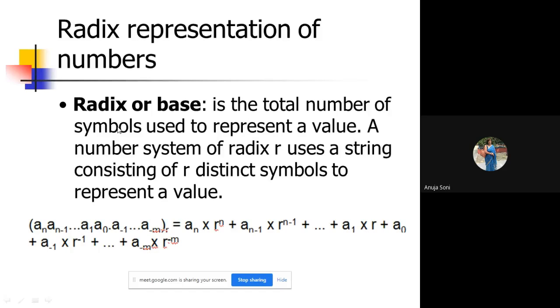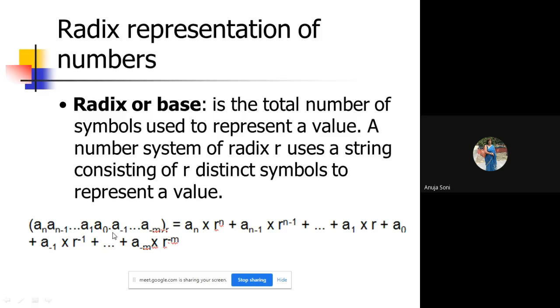This is the formula to convert a given number from one numbering system to another. The left hand side is a numbering system having base R, whereas the right hand side is the resultant number converted into decimal form. What actually is the formula?